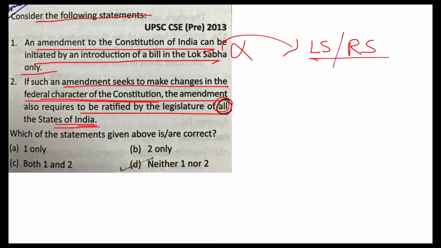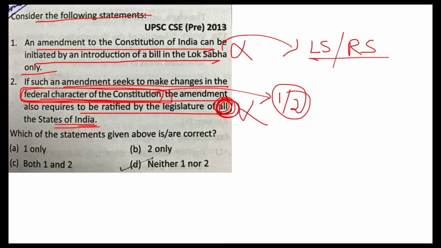Mostly, amendments that seek to make change in the federal structure of the Constitution require ratification by half of the states, but not all of the states. So this is also incorrect. 1 only, 2 only, both 1 and 2, or neither 1 nor 2. So D, neither 1 nor 2, is correct.